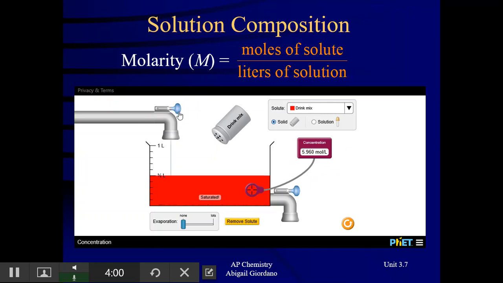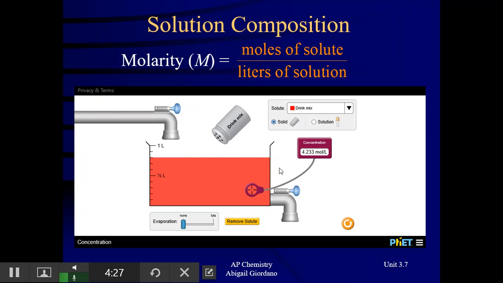So here we go. Just going to add some water. And did you notice the molarity went down? The moles of solute is staying the same, but I was increasing the total volume of solution. So if you increase the denominator, that's going to make the molarity decrease.